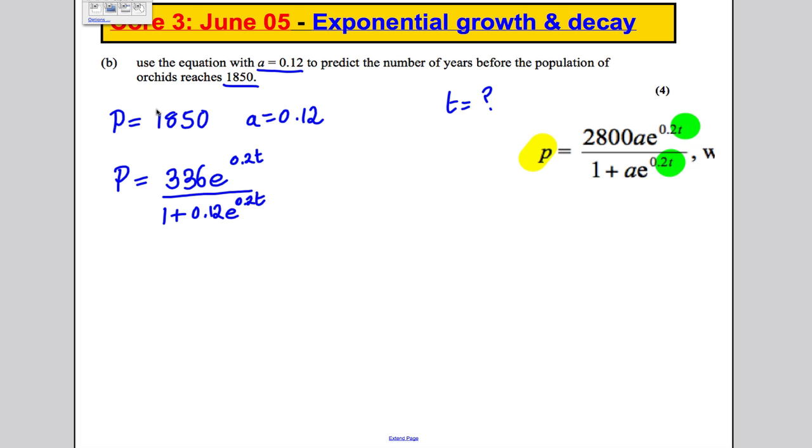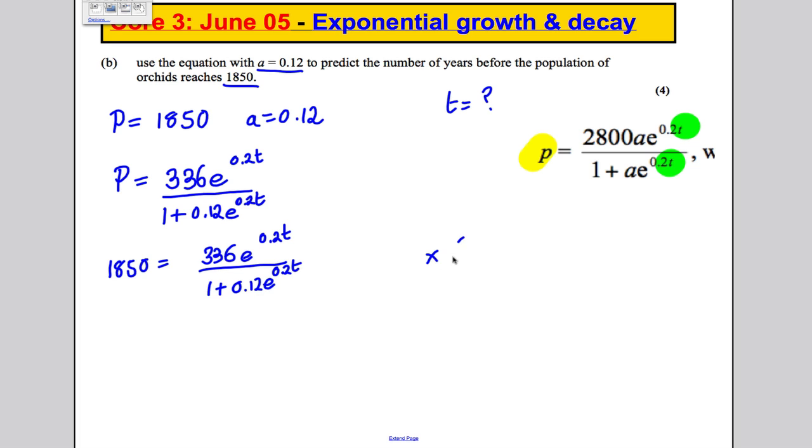We're trying to find t so that it makes P 1,850. So let's do that. 1,850 is equal to 336 e to the 0.2t, all divided by 1 plus 0.12 e to the 0.2t.